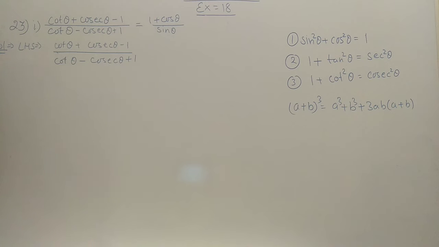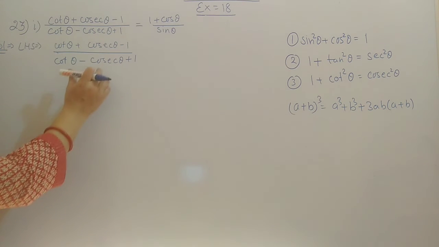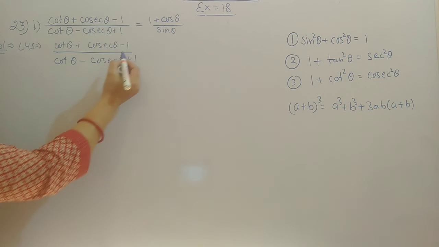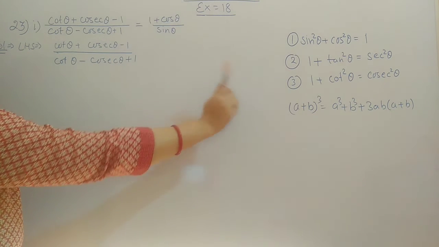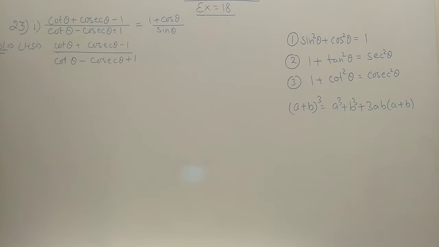Next, question number 23, first part: cot theta plus cosec theta minus 1 divided by cot theta minus cosec theta plus 1 is equal to 1 plus cos theta by sin theta. Left side we have taken, and here this 1 we are going to replace from this third identity, equal to cosec square theta minus cot square theta.